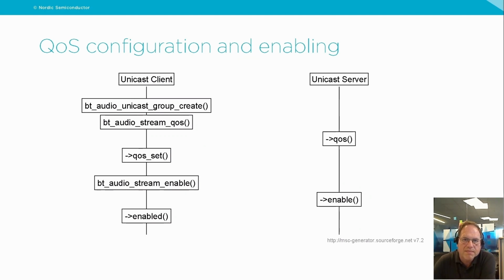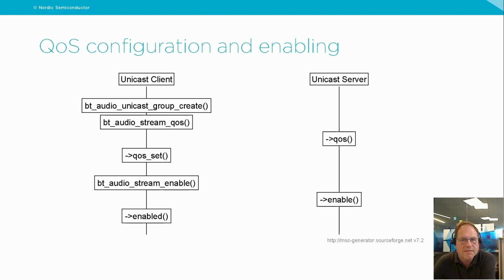Next step is to set the quality of service parameters and enabling the stream. Quality of service parameters, that is things like the number of retransmissions allowed. So first the client does a group create, which takes a set of streams. And the streams can be to or from more than one device.